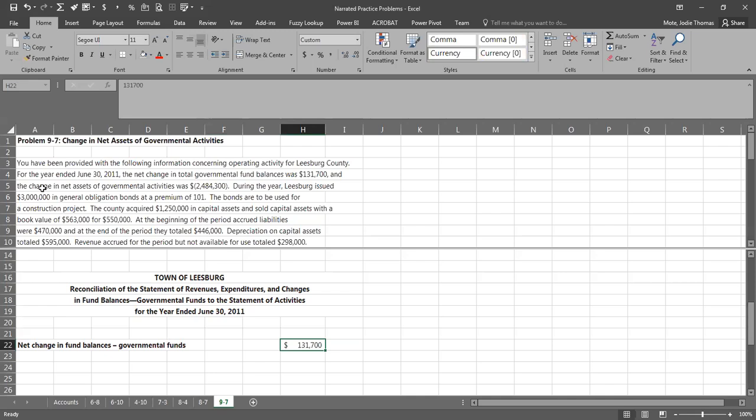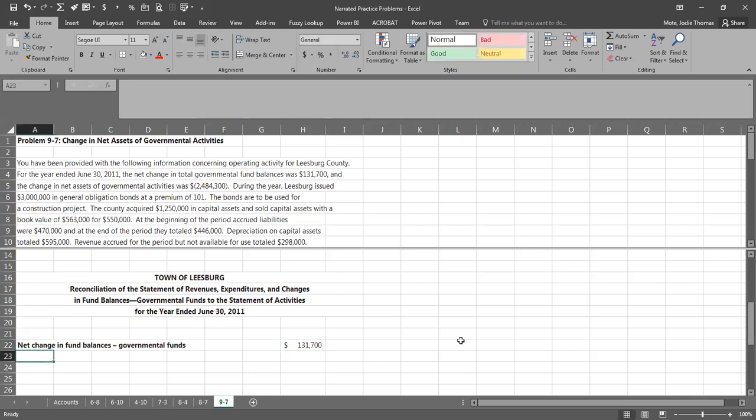This is where all of the differences between for-profit accounting and governmental accounting are laid bare in one statement. I think it's useful when you're thinking about the differences in what you've learned in this class.